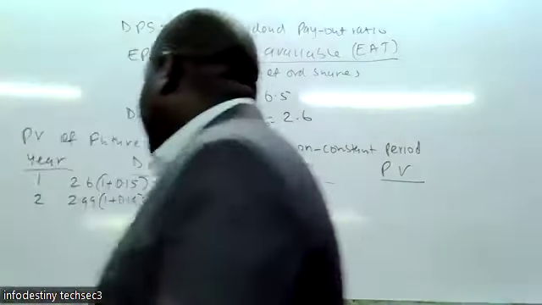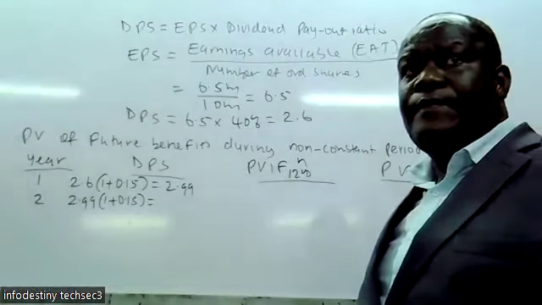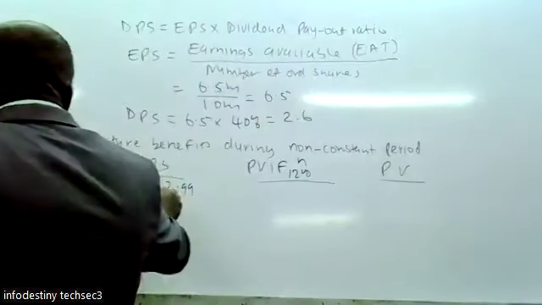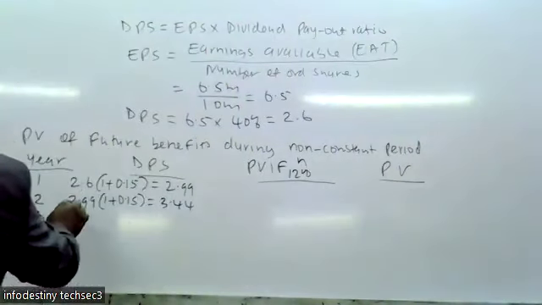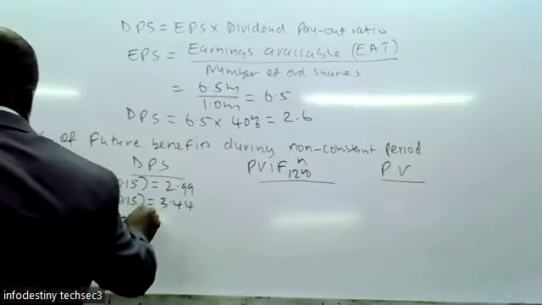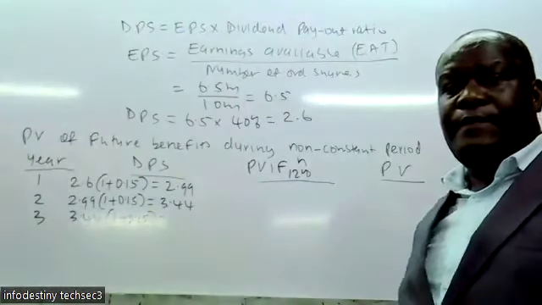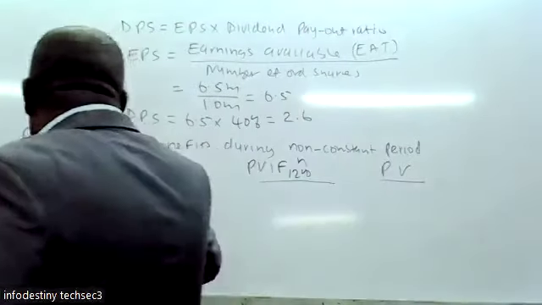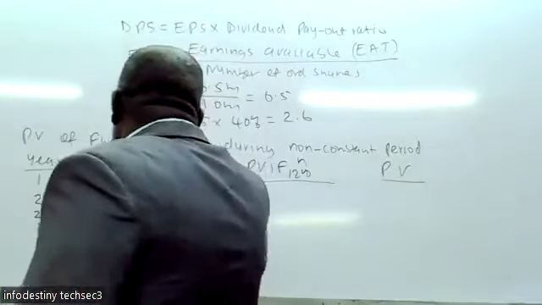So what figure do we get for year two? 3.44. Then year three, you also get 3.44 and we increase it also by 15%. 3.956.